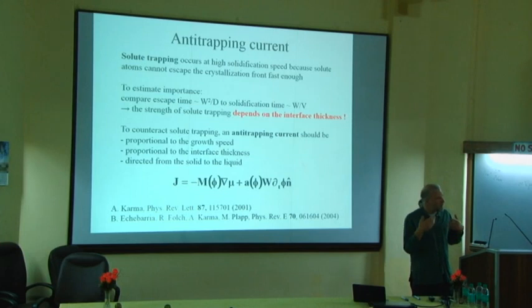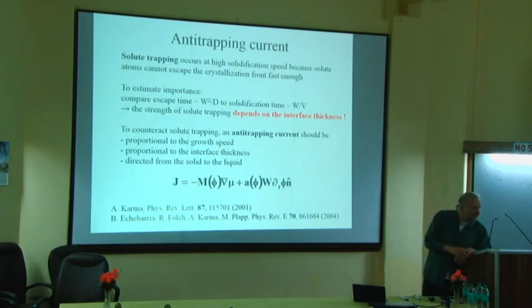And of course, it has to get out by diffusion. But in this case, when you have a rapid heat extraction, the velocity of the interface is not limited by the speed of solute diffusion. It's limited by the speed of heat diffusion. So the interface can go, in some sense, much faster than the solute can cope with.